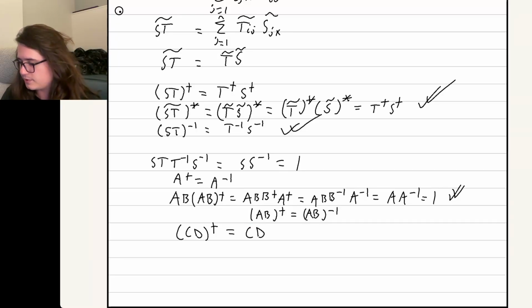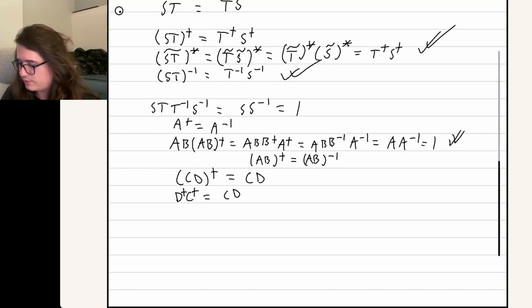We know that the Hermitian conjugate of CD is just going to be D dagger C dagger, right? So that has to be equal to CD, but we also know that these are both Hermitian matrices, so this is just DC equals CD.